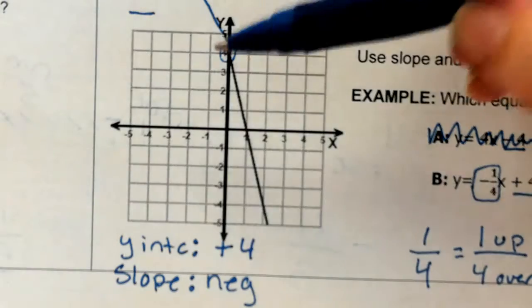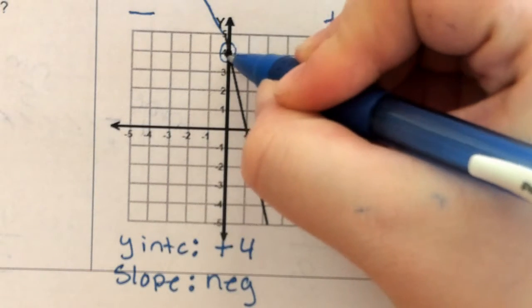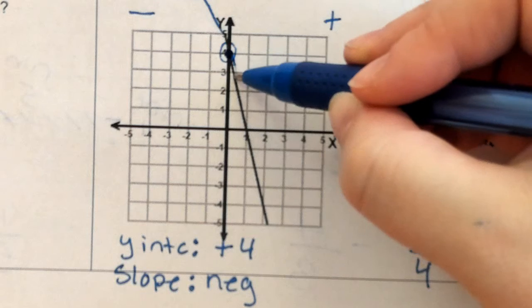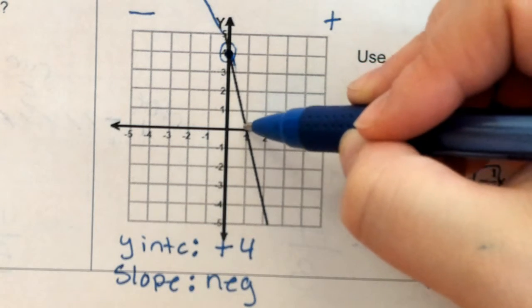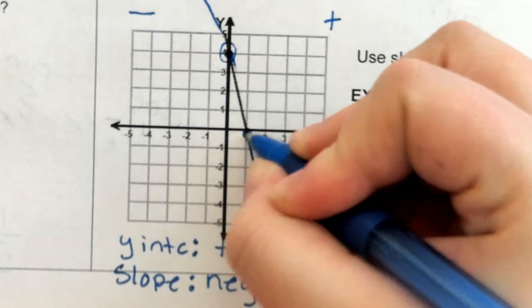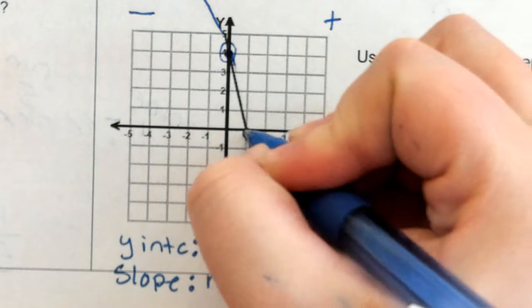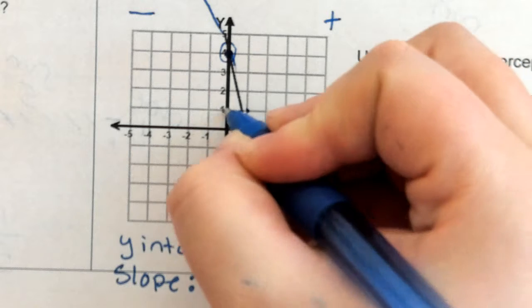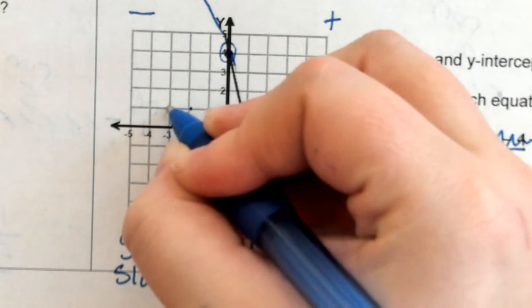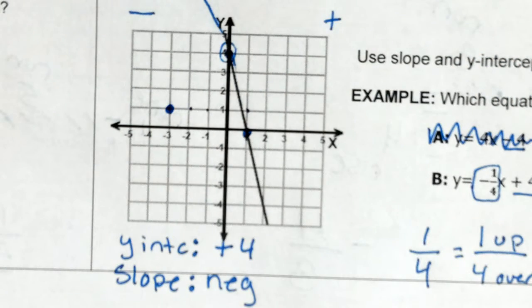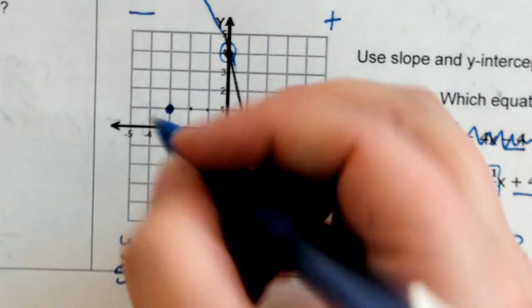So let's find another point on our line. We have one point right here. Let's follow this line until we find a nice point. Oh, I see one right here. So let's think. If I go up 1 and over 1, 2, 3, 4, I'd end up right there. Well, that's not on our line.